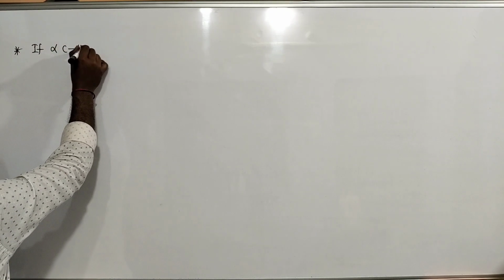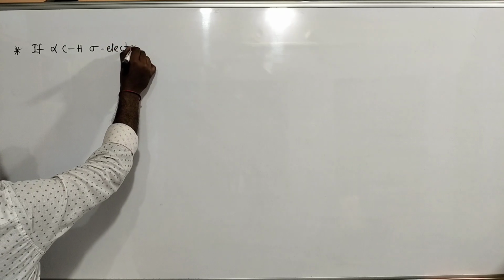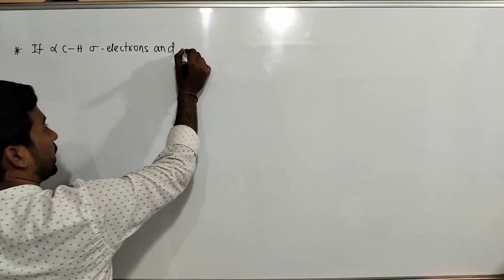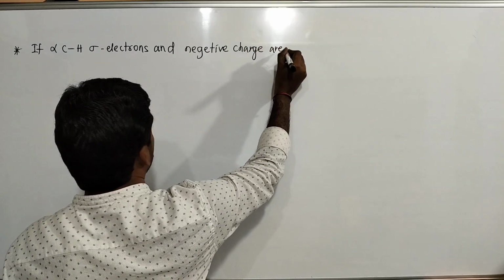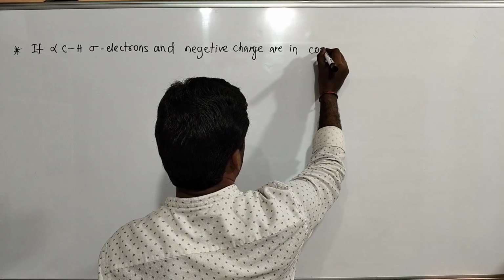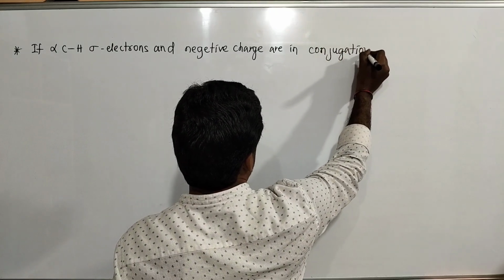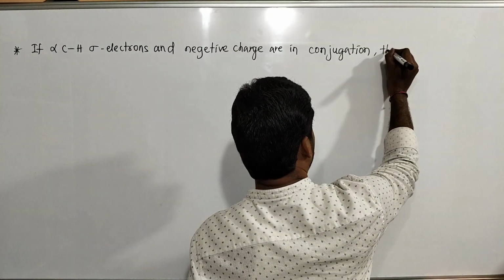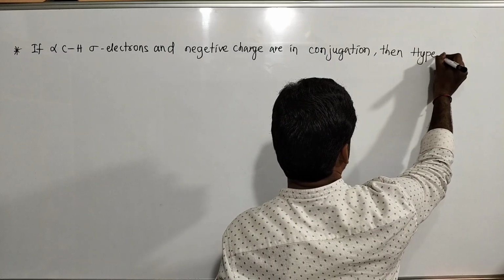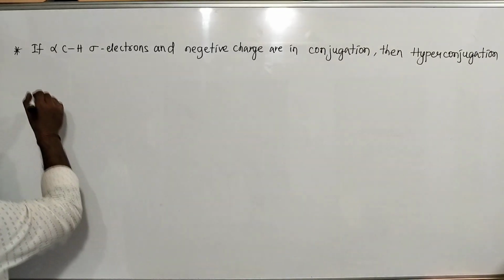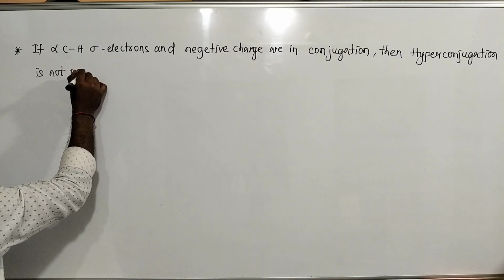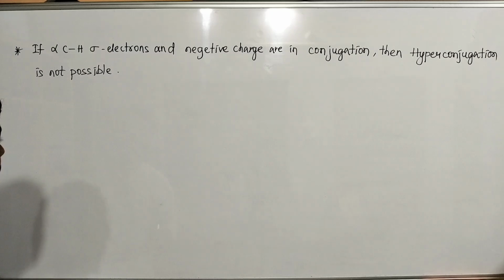Whenever alpha carbon CH sigma electrons and negative charge are in conjugation, then hyperconjugation is not possible. Hyperconjugation is not possible.